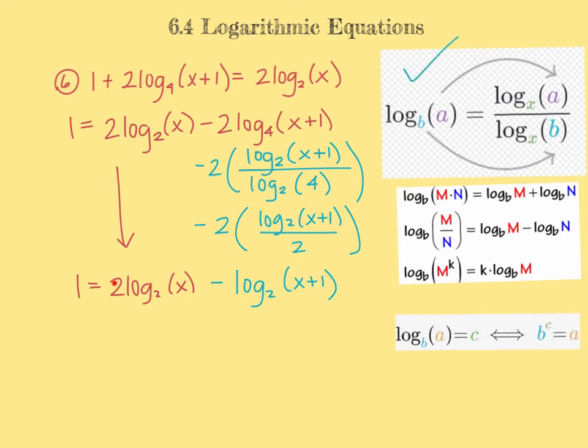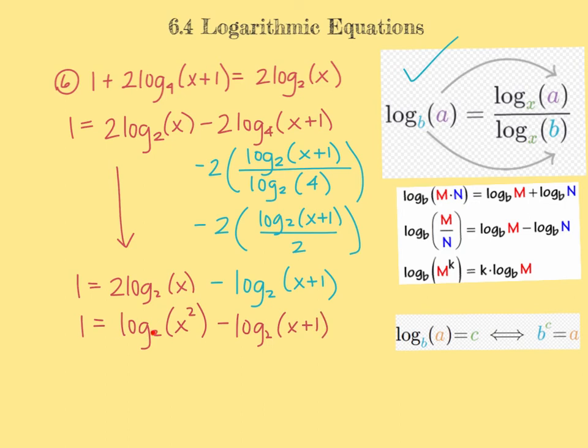Now we see that we have this 2 out front, so we can simplify this one to just be a log base 2 of something using the power property of logarithms that says if you have a number out in front, that's really the exponent of what's on the inside. So I'm going to rewrite this first log term as log base 2 of x squared. Then we'll again have minus log base 2 of x plus 1.